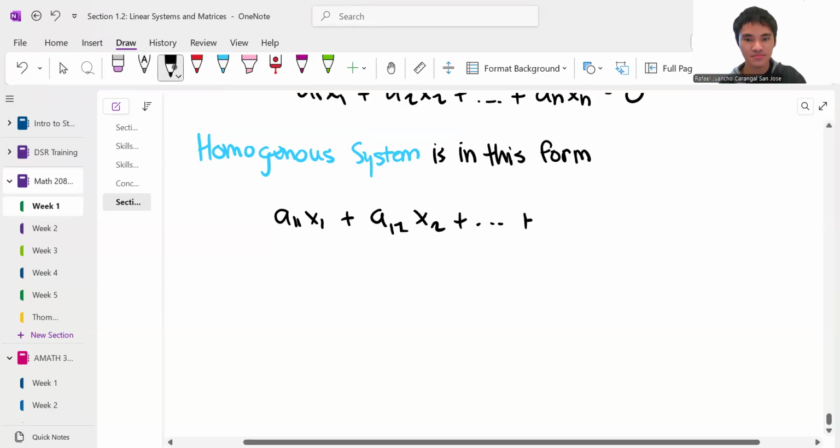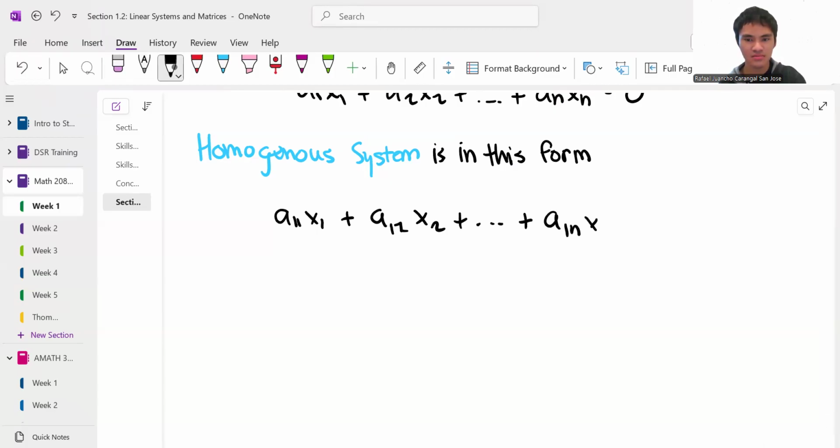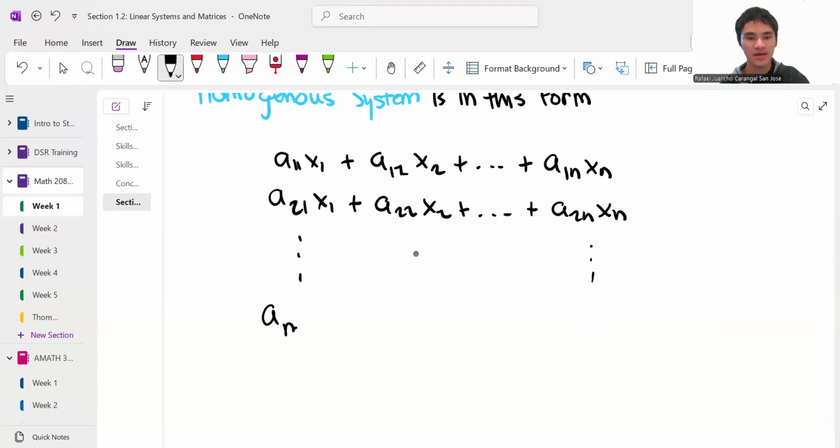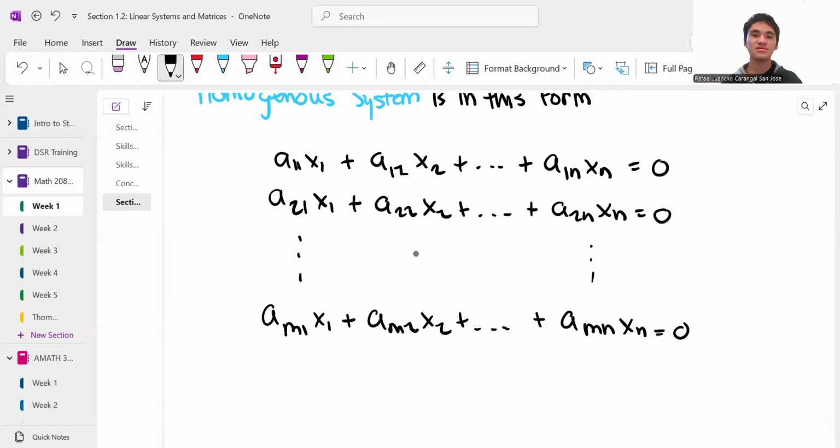We go all the way to n, and keep going, and all of these things are equal to 0, right?